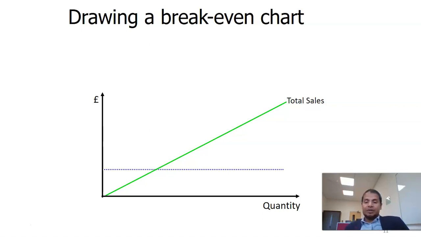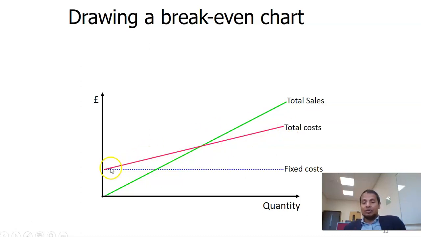It's parallel to the horizontal axis, no changes because of activity. From fixed cost, this is obviously total cost, because total cost will start from fixed cost. Fixed cost plus variable cost, the increased amount is the variable cost, so is the total cost.